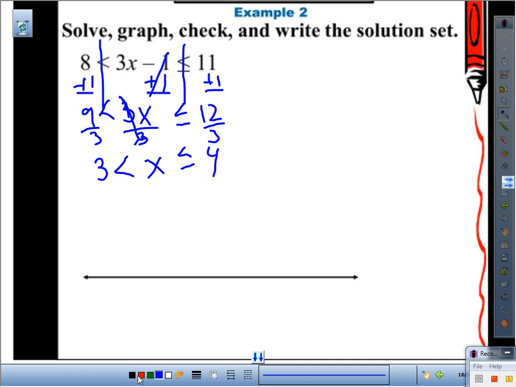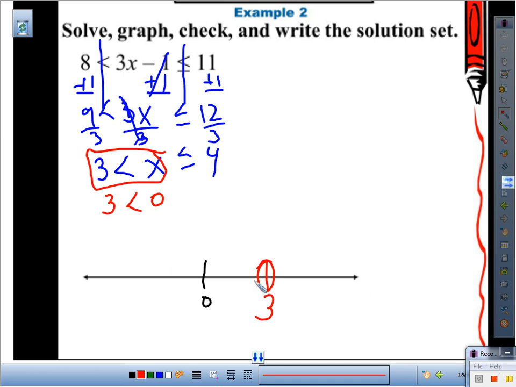Let's graph this. We got 0. I'm going to start with this part. What is my dividing point? You all right, Josh, over there? Okay. So it's an open point, and I'm going to test 0. So, is 3 less than 0?